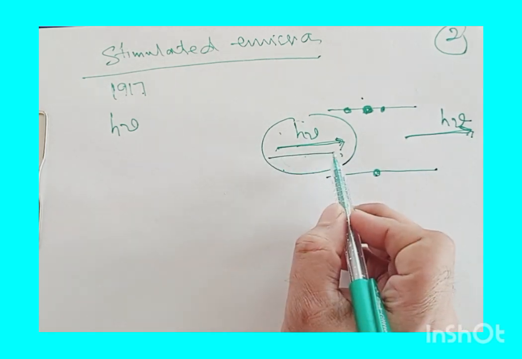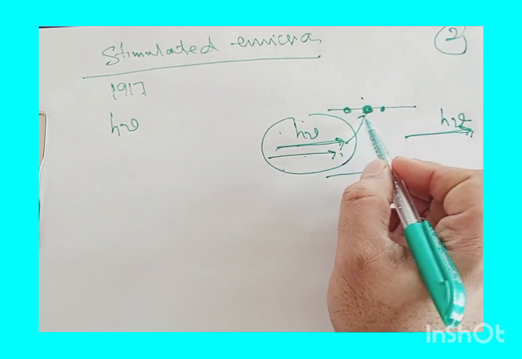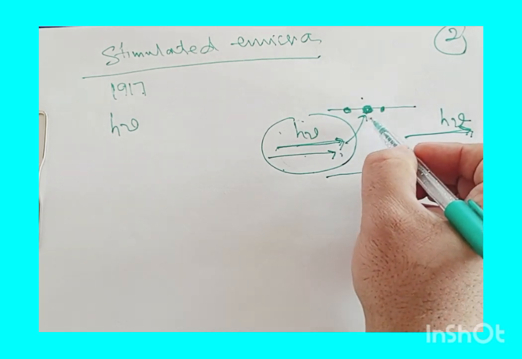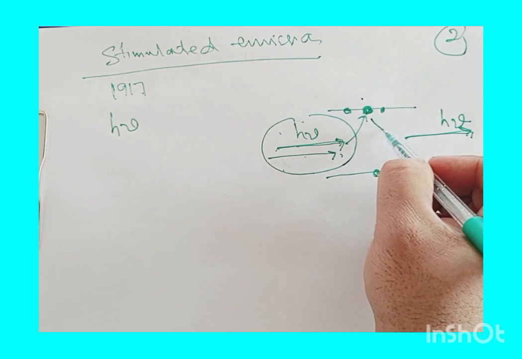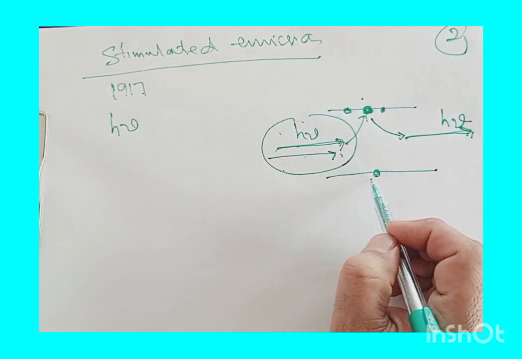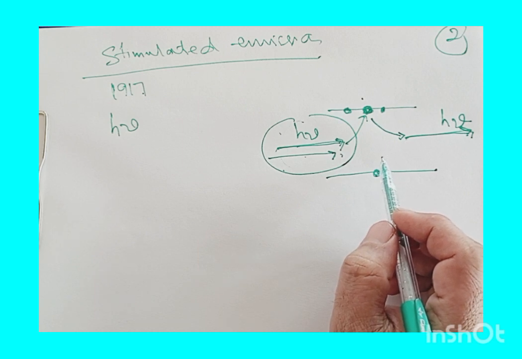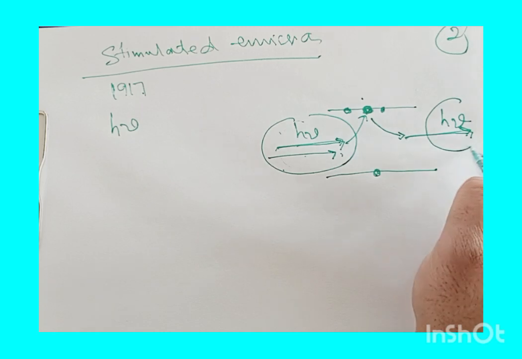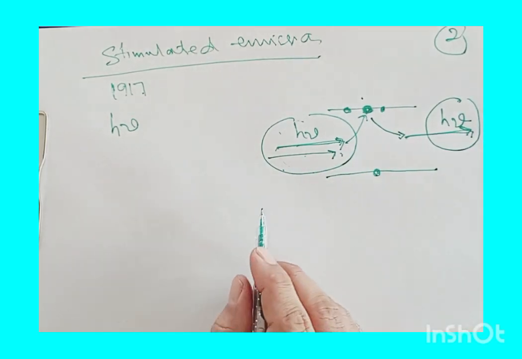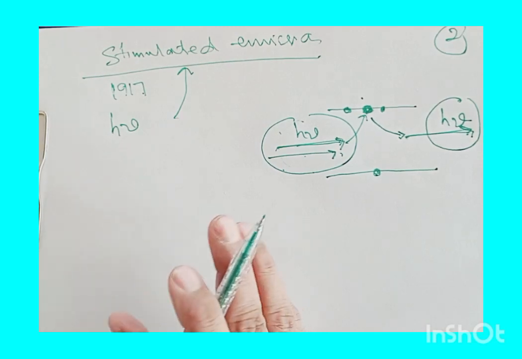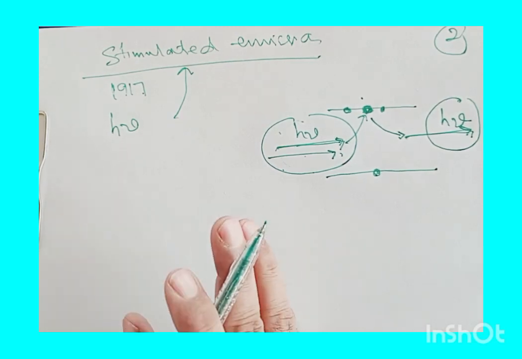The photon that was supplied to the system is the same as the photon that is being emitted by this atom while going to the ground state from excited state.